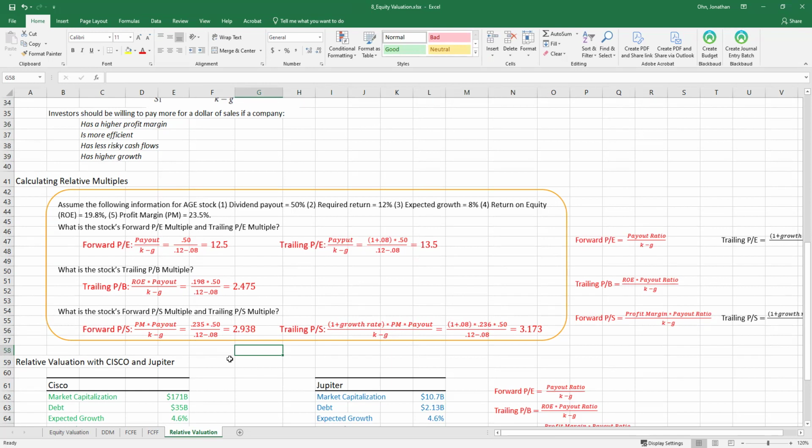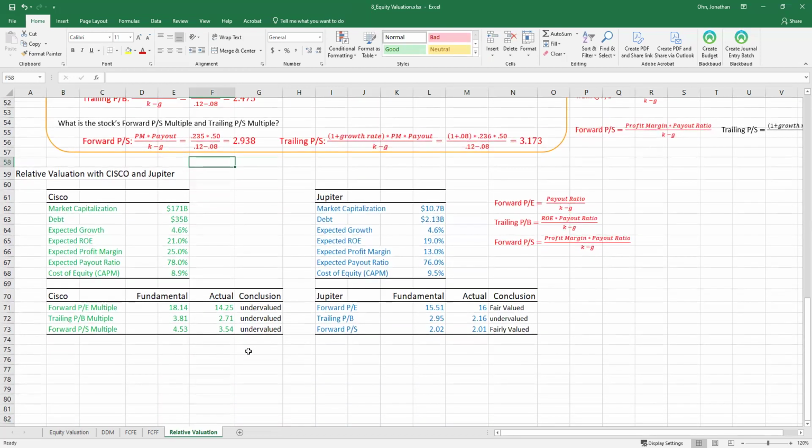Okay. Now let's look at how to use that in this relative valuation method. It's simple.